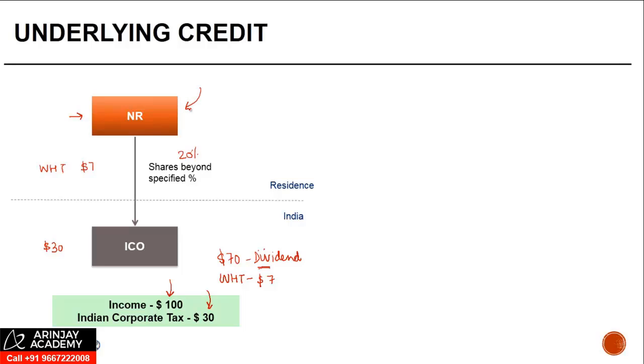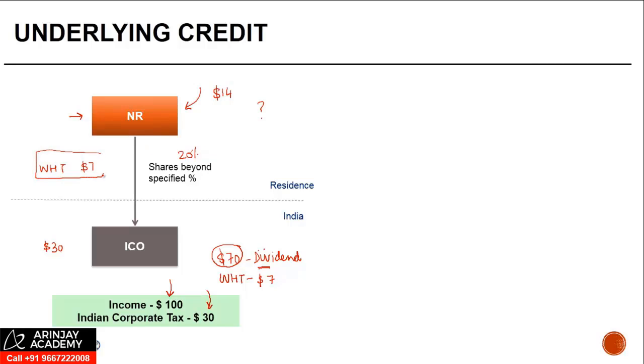Let's say, for example, the non-resident in his home country has to pay a tax of 20% on this 70, which is $14. Now the question which comes up is, what should he get a credit for?